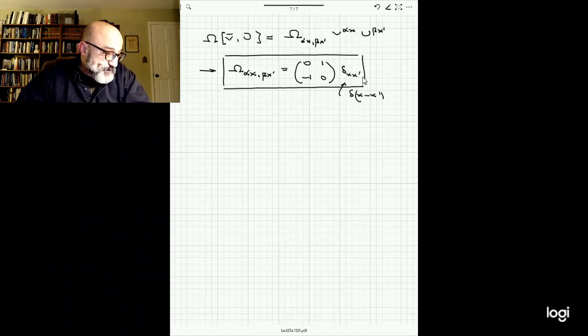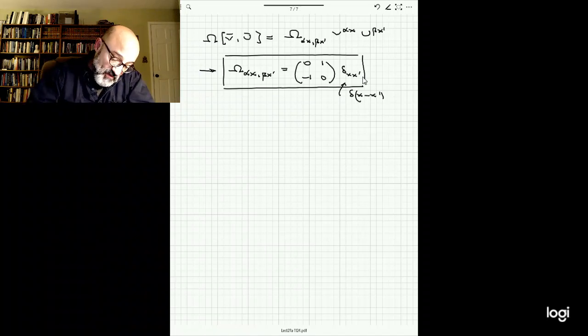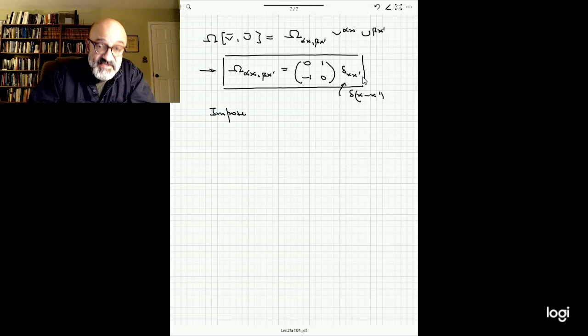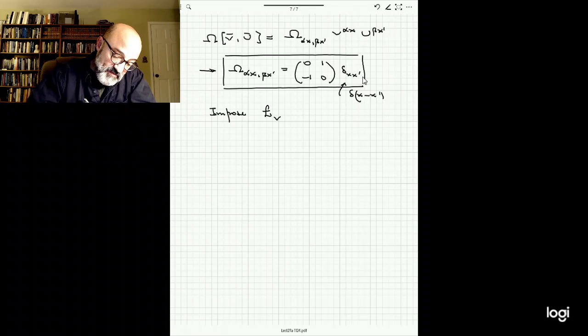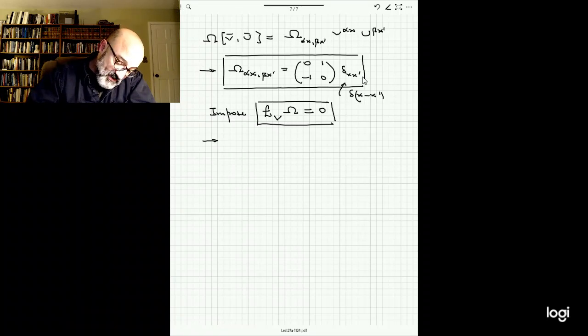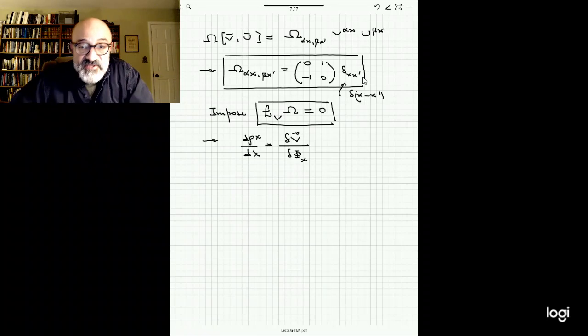Very good. Next step, we are interested in flows that preserve the symplectic form. This leads to the following flows. The idea is exactly the same we had before, except that now we have continuous indexes.